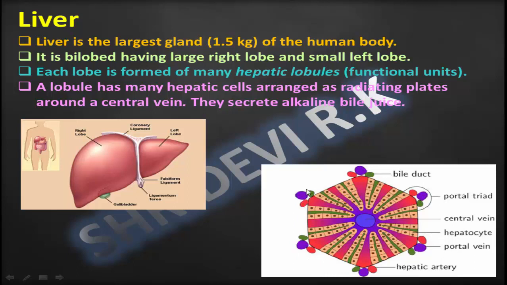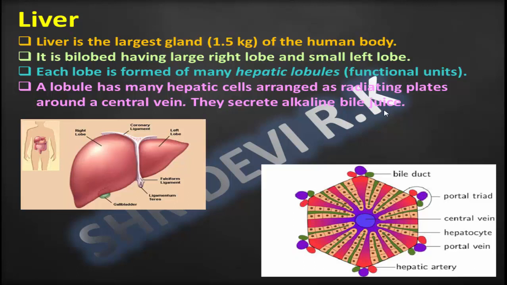This is the arrangement of hepatic cells, and all of these are arranged around a central vein. These hepatic cells secrete an alkaline juice called bile juice.